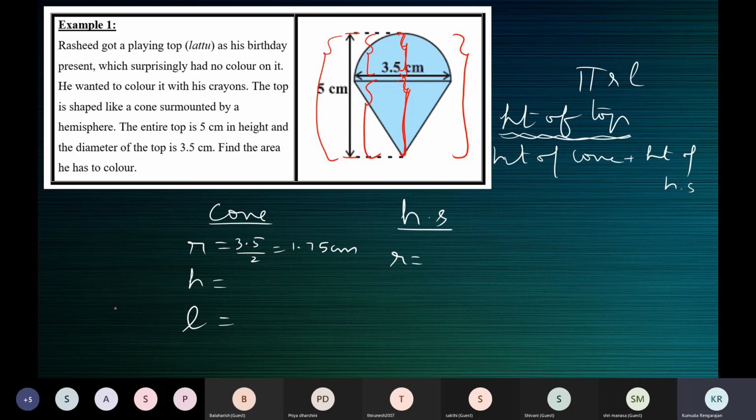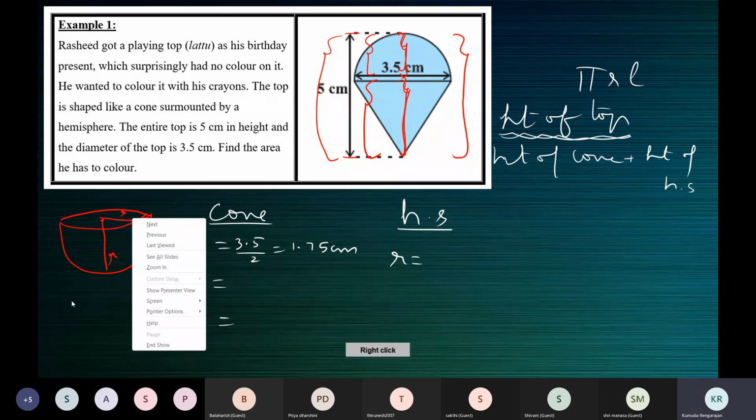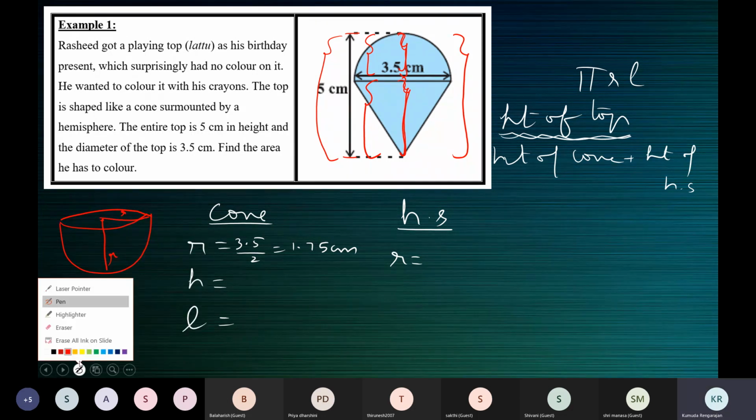What is the height of the hemisphere? The height of the hemisphere is equal to its radius. Let me draw it more neatly.